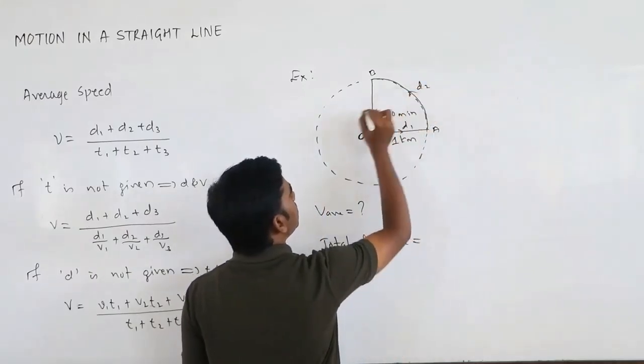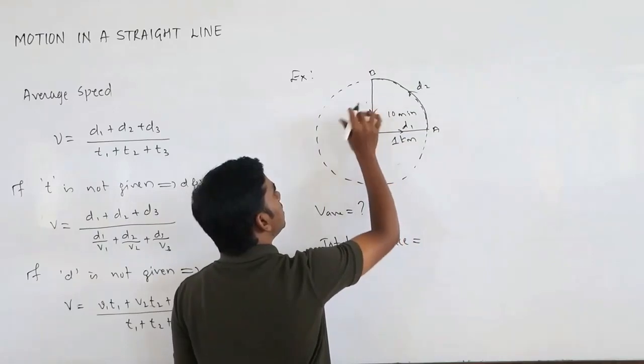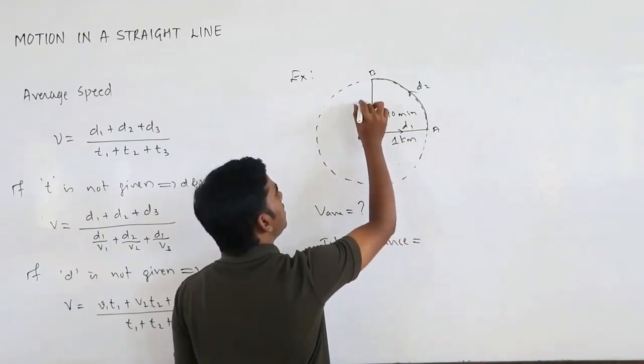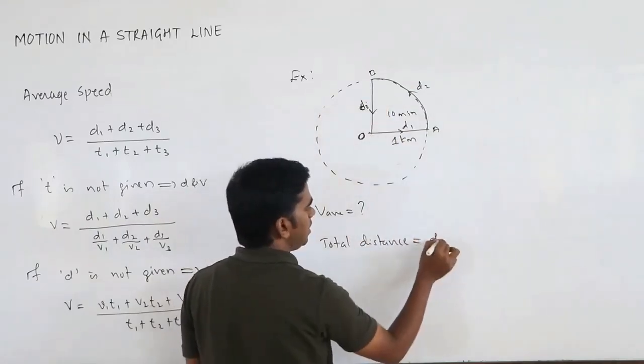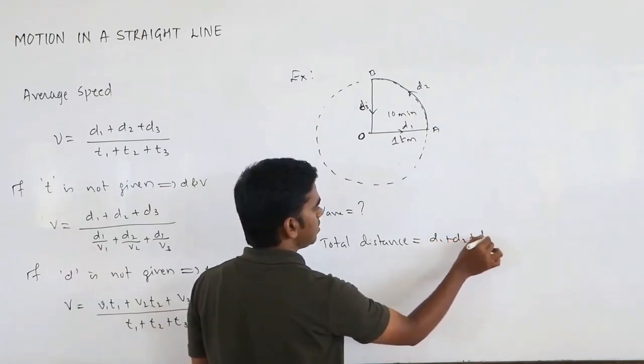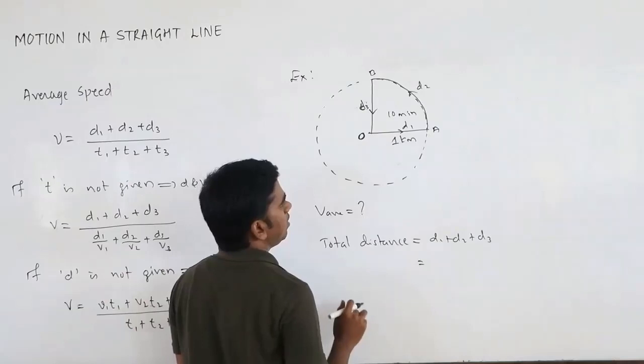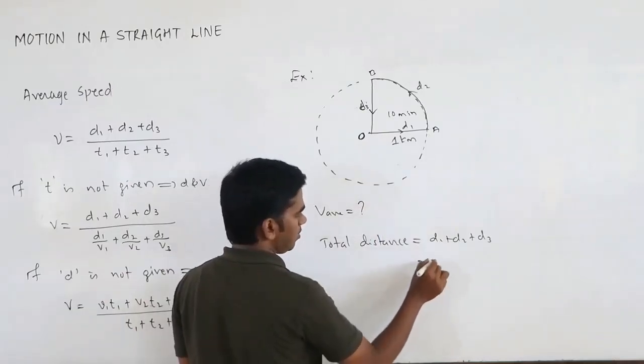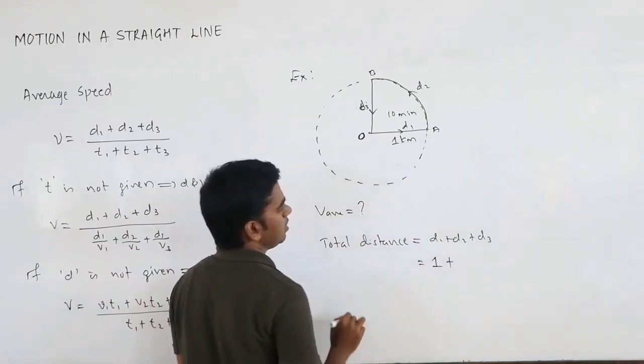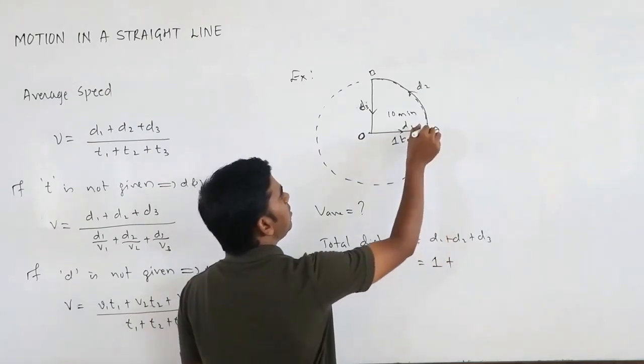This is D2 and this is D3. Okay. So D1 plus D2 plus D3. O to A, how much will it take? 1 kilometer, plus D2. D2 is only this much.